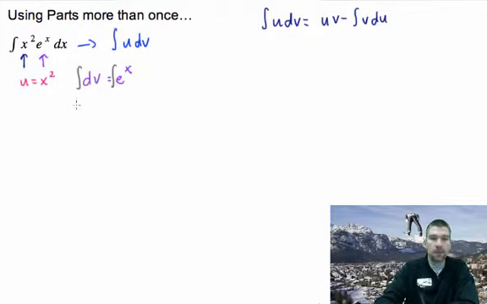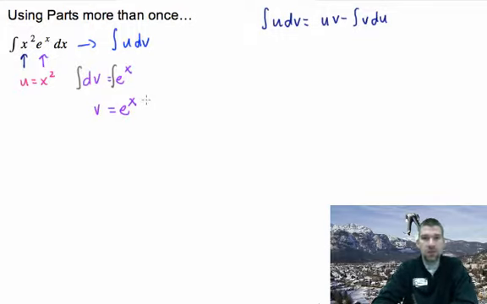And when I integrate these guys, it's going to give me v equals e to the x, which, quite frankly, is a really nice jack of all trades. When you integrate e to the x, it's e to the x. When you take the derivative of e to the x, it's e to the x. So this guy's actually pretty nice to have in our problem because we can usually go either direction with him. And he's still manageable, e to the x.